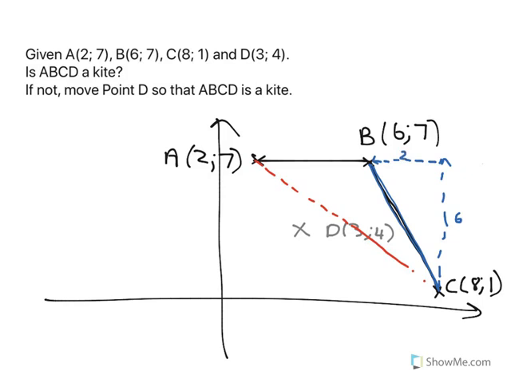So if I had to replicate that in the mirror, instead of rising 6 units, I would run 6 units, right? So that would take me back to an x coordinate of 2, right? So from 8, 6 units backwards would be 2, and then I would rise 2 units.